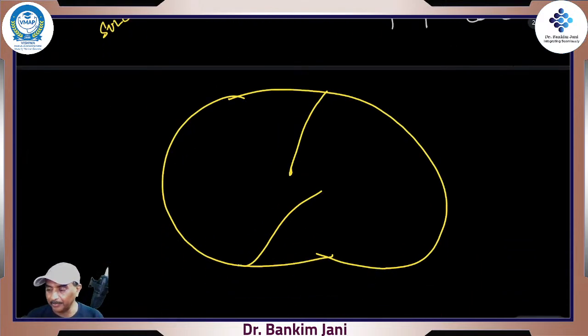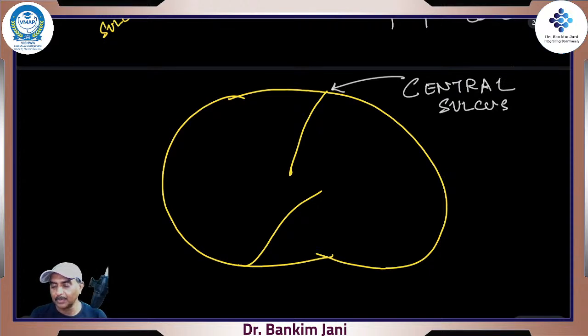This is the cerebellum. This is called the central sulcus. If you want to learn the brain, learn it in this order and it becomes very easy. The central sulcus is also called the Rolandic sulcus, not circus, Rolandic sulcus.